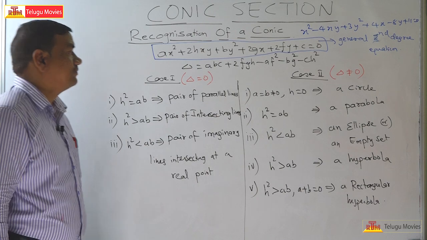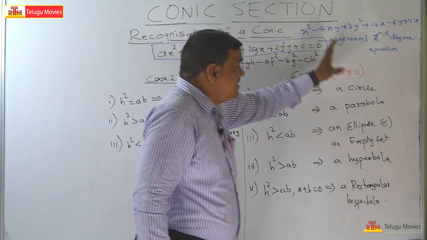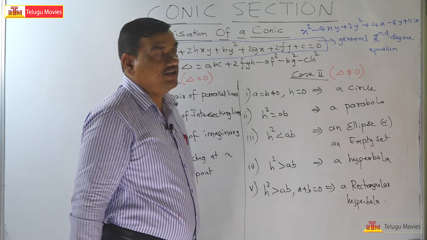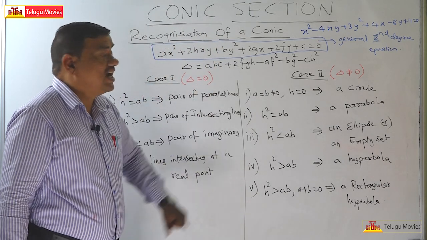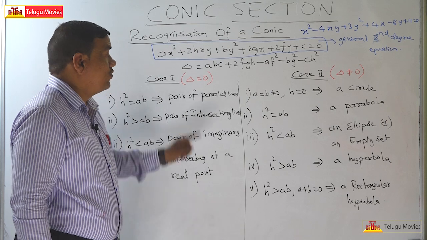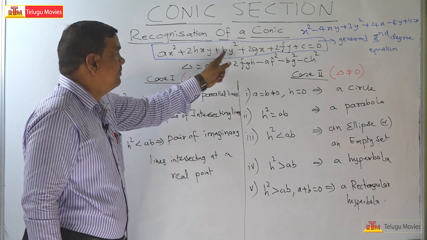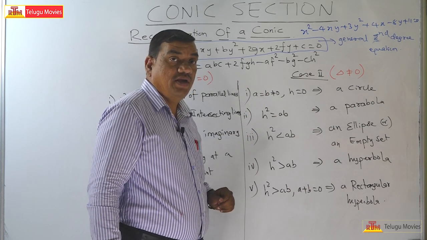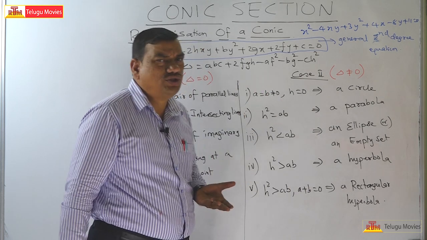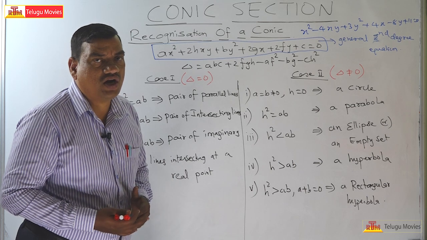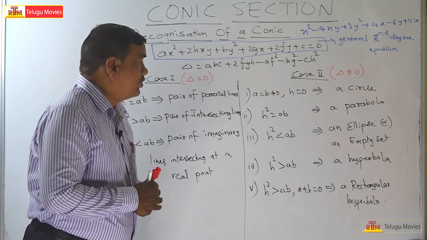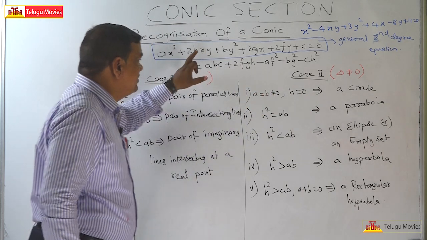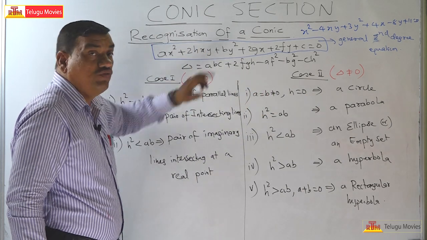Okay, now when your delta value is not equal to 0, we get our chapter headings. So when delta is not equal to 0, see the values of a and b. a should be equal to b, and both should not be equal to 0. That means the x square and y square terms should be there, and h is equal to 0. h means what? 2h is the coefficient of xy.